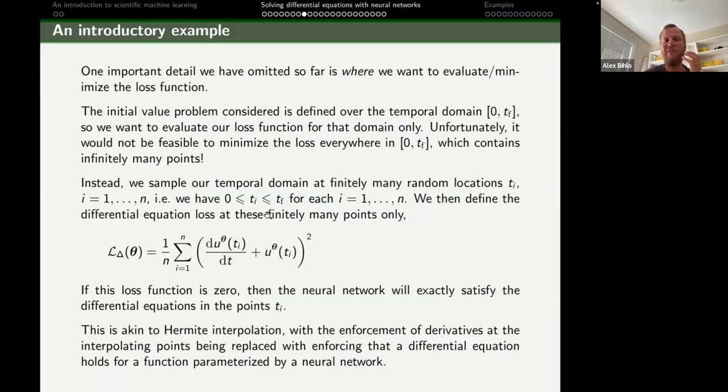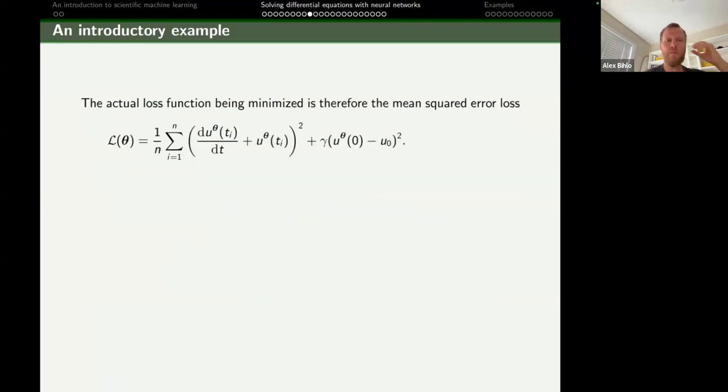Here it's roughly similar at our collocation points. We don't enforce that the function holds because we don't know the solution there yet, but we do enforce that some more complicated derivative information holds, which is encapsulated in your differential equation.